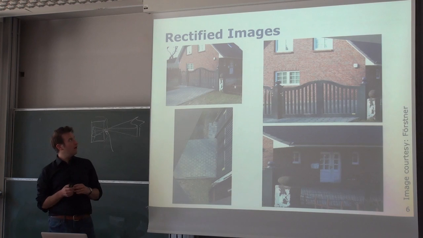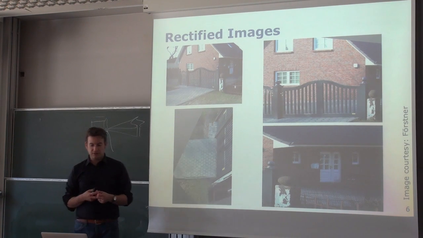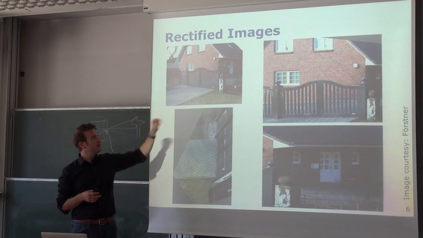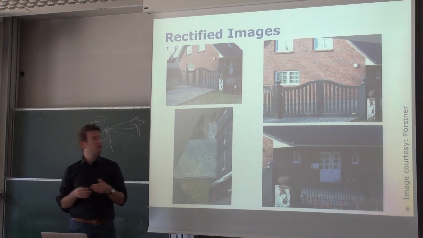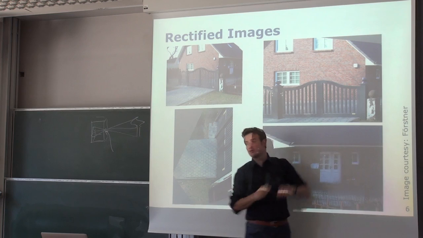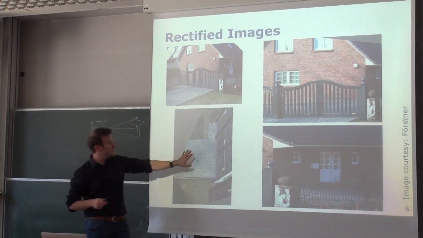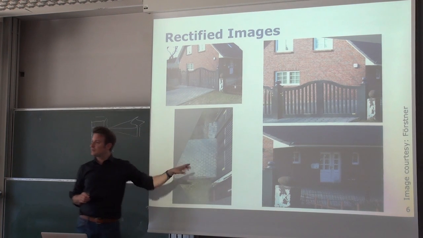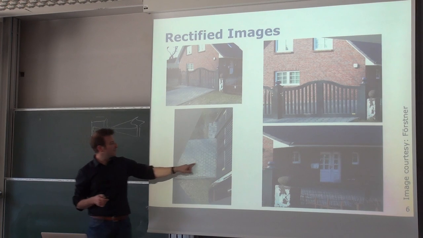Okay, what we can do, however, is rectify images. For example, if I want to measure certain elements on the facade, I can rectify the image as if the image plane had the same orientation as the plane, for example, of this wall. I can do that for this wall, and I can even do it for the ground floor. Then I can do these relative measurements in those images, for example, seeing the tiles.